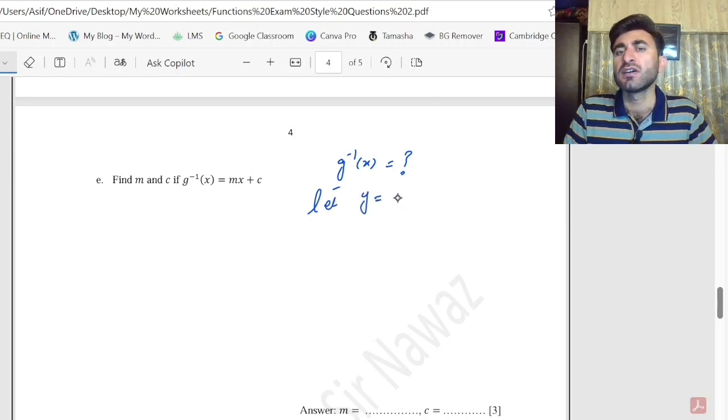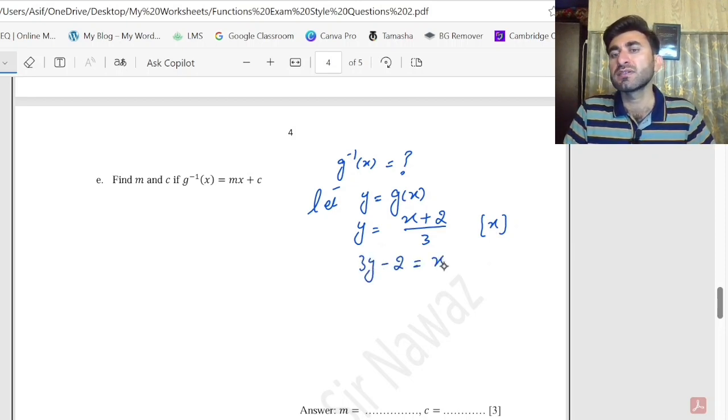Suppose it is y. So y equals (x plus 2) divided by 3. We are to make x the subject in this equation. 3 will be moved to the left, it will become 3y, and then plus 2 moved to the left will become minus 2, equals x. So now x is the subject of this formula.